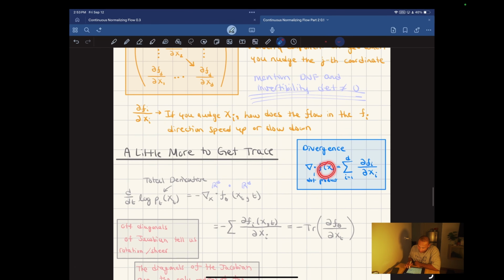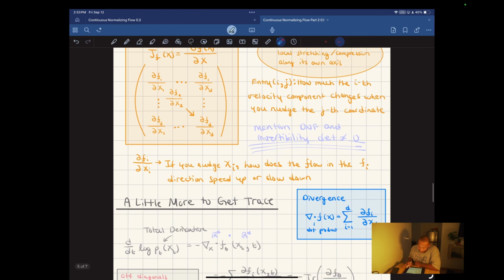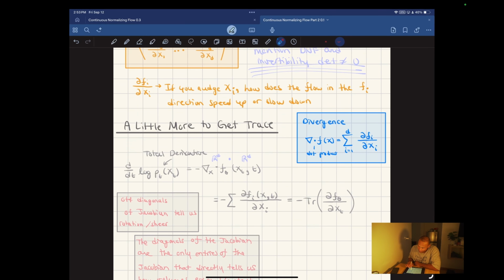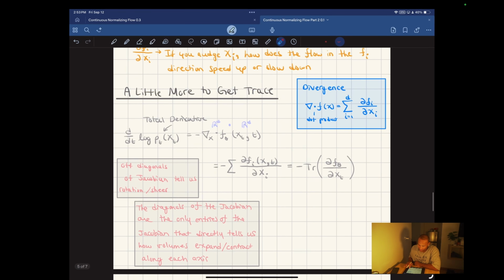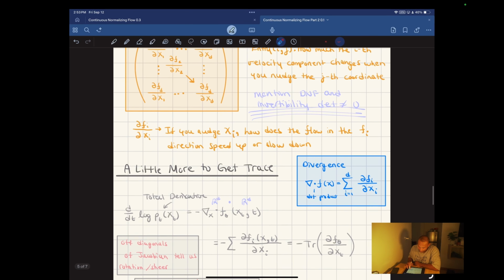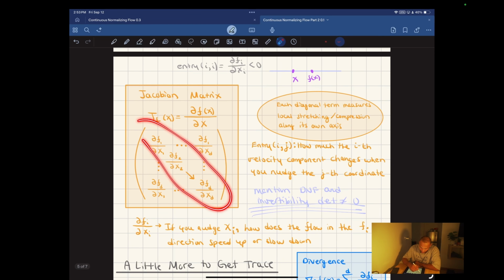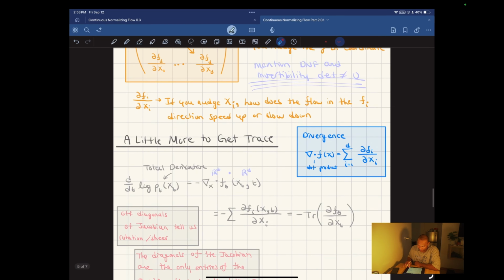f of x is also a vector, and the dot product gives us this. So this is equal to the trace of the Jacobian.